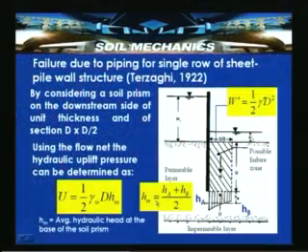In that case the average head, referred to as Hm, is calculated from the total heads HA and HB. That is given by Hm is equal to HA plus HB by 2. So, with that we can now determine Hm.